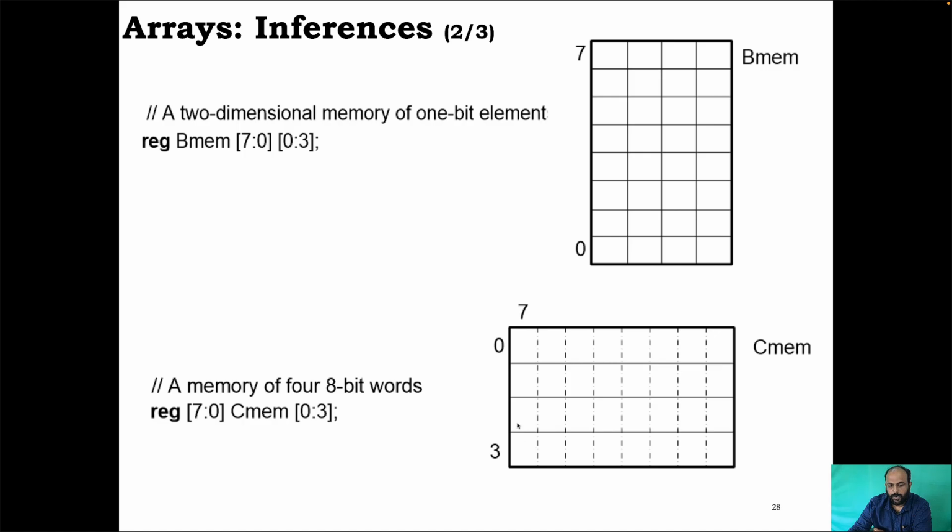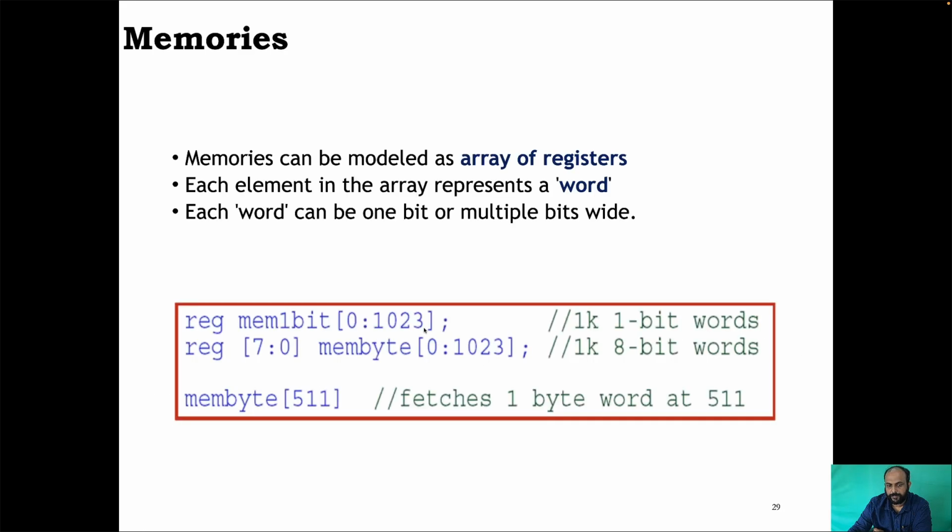You can find 4 rows, and in each row you can find dotted lines having 8-bit positions. So each row can accommodate one vector. So it's an array of vectors. Okay, it's not a two-dimensional array.